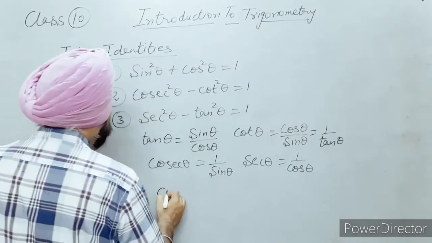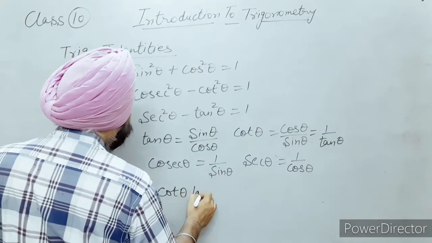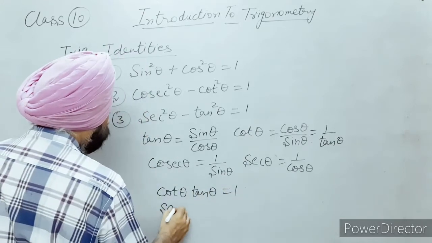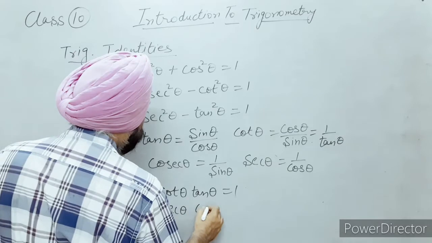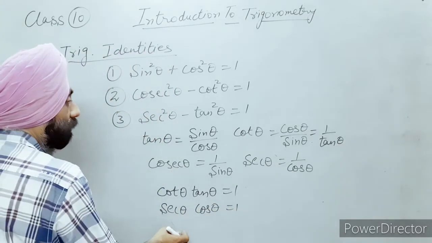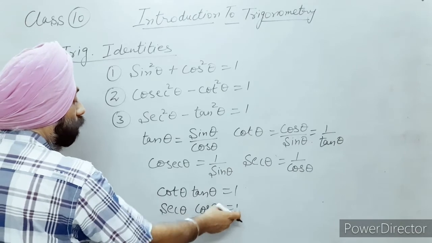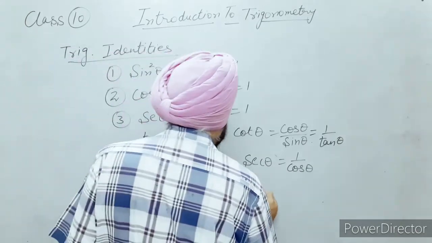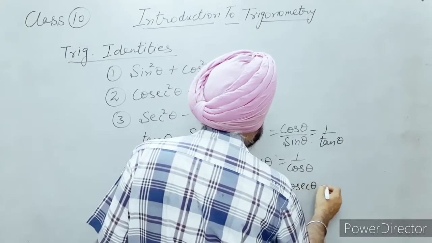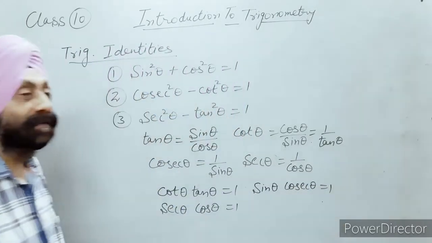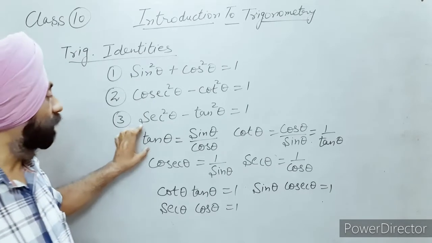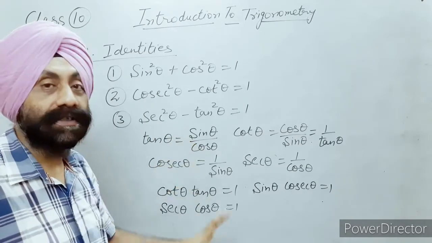Moreover, cot theta into tan theta is 1. Secant theta into cos theta is 1, because I can write 1 by cos theta, and cos with cos goes, 1 is the answer. Then sine theta into cosecant theta is again 1. Remember these identities, and these relationships between various trigonometric ratios.